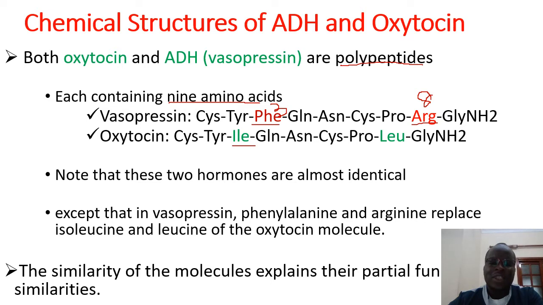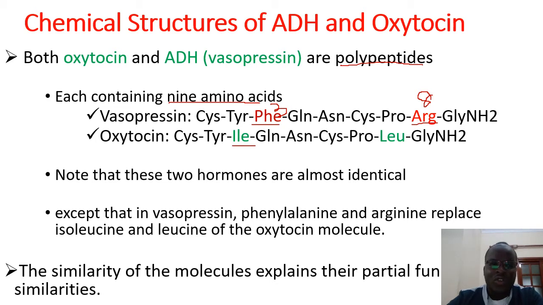Because of these similarities in structure, they will also have partial functional similarities. The receptors to which oxytocin can bind, to some extent even vasopressin can also bind. Why? It's because these two hormones are almost identical in structure. But because of the minor differences, you find that they'll have different effects on these receptors when they bind.